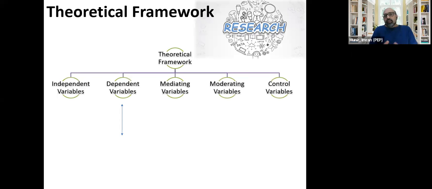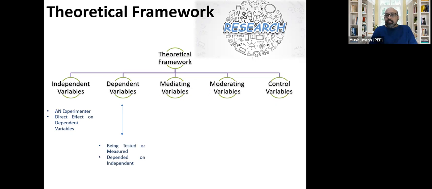Variables are independent, dependent, mediating, moderating, and control variables, right? What is independent? An experimenter has a direct effect on independent variables. So that is an independent variable which will be affecting some dependent variables, as if acting as an experimenter.